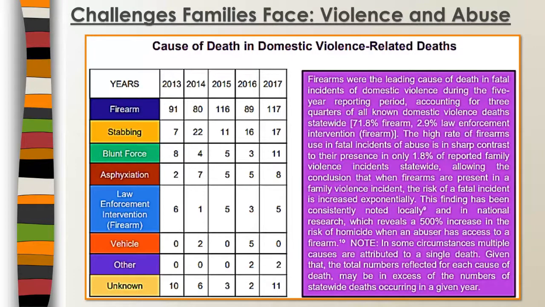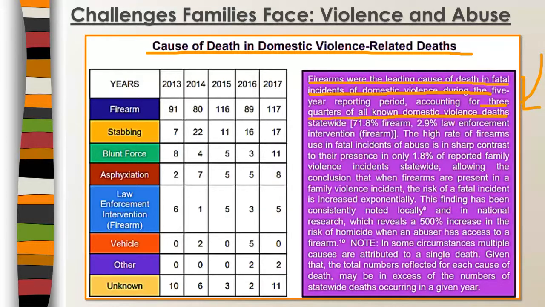And I think this is the last one. In domestic violence related deaths, what is the cause of death? Let's read over here. Firearms were the leading cause of death in fatal incidents of domestic violence during the 5-year period, accounting for 3/4 of all known domestic violence deaths in the state.